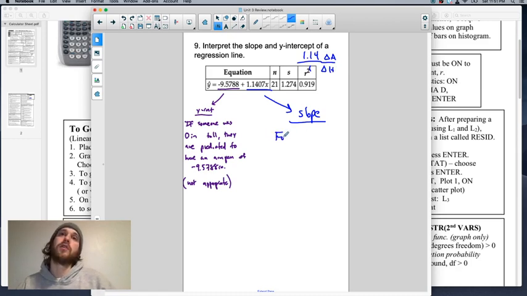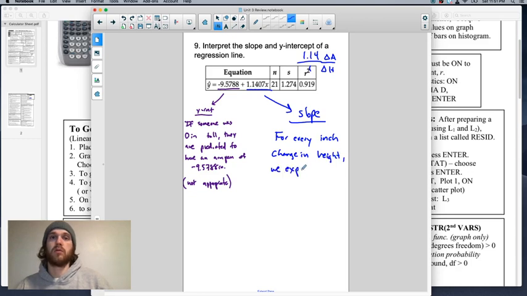So basically, for every inch change in height, we predict arm span will increase approximately 1.14 inches.